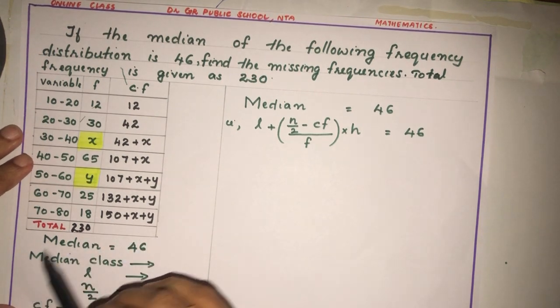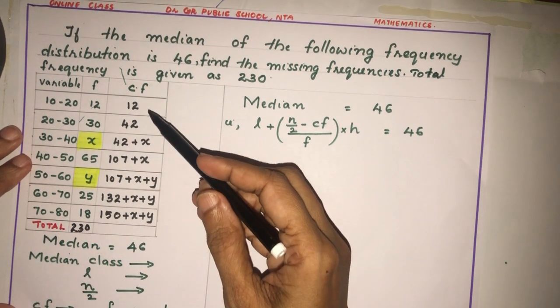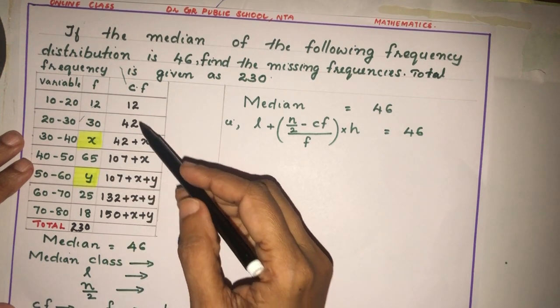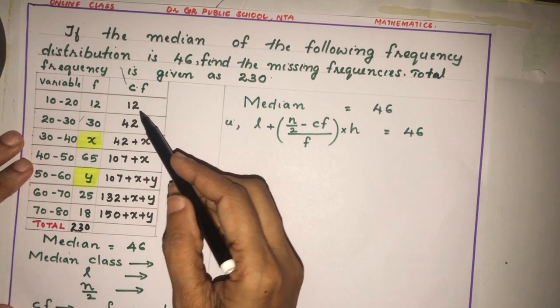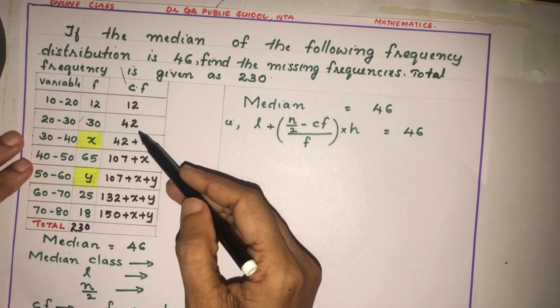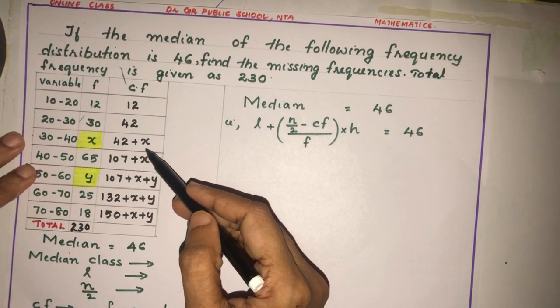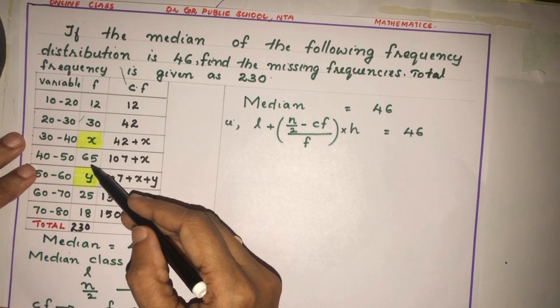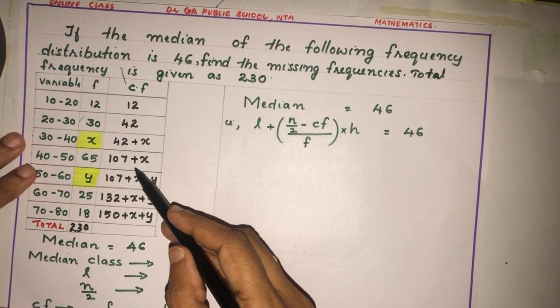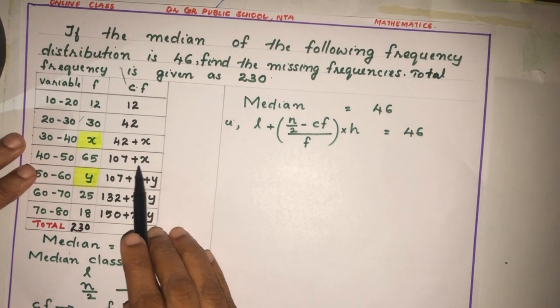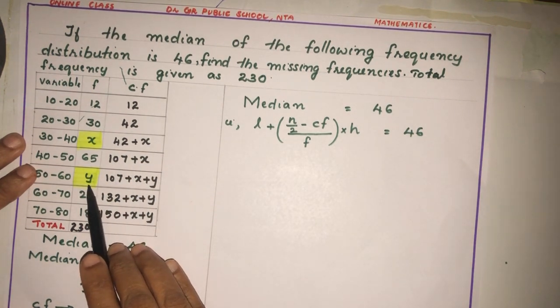So just like the last question, we need CF column. Here I wrote the CFs already. First one 12, 12 plus 30, 42, 42 plus 65, 107 plus 6, next variable is x. Then 107 plus 6, next variable is y.